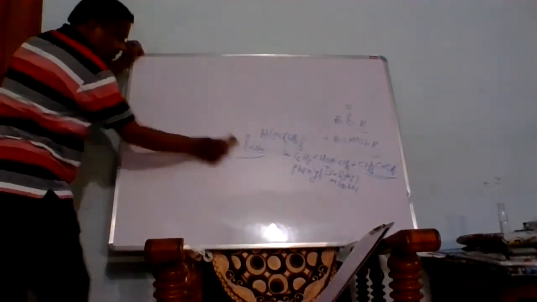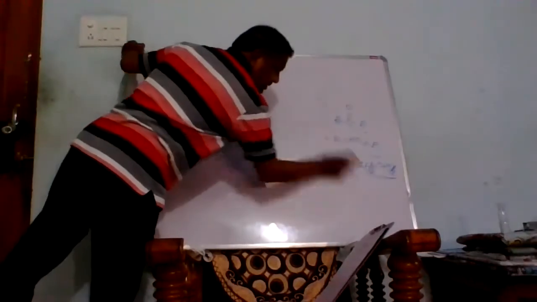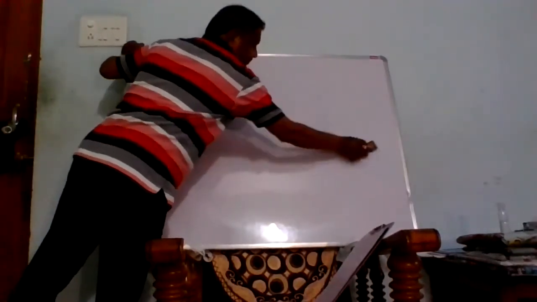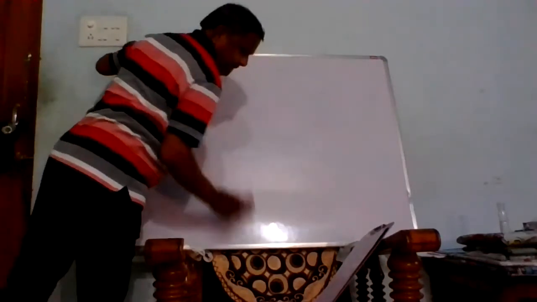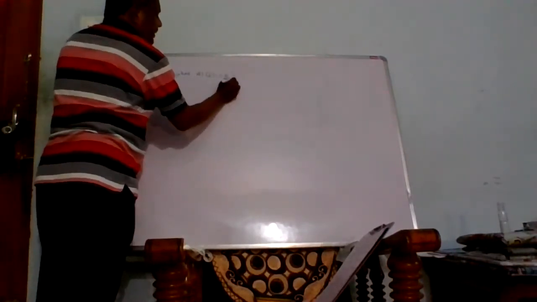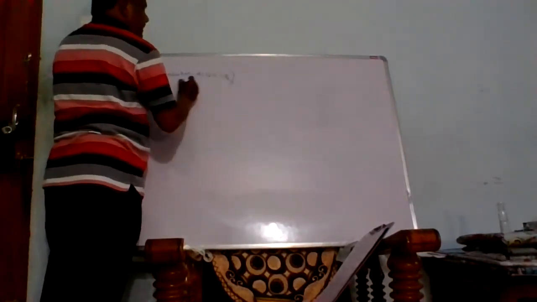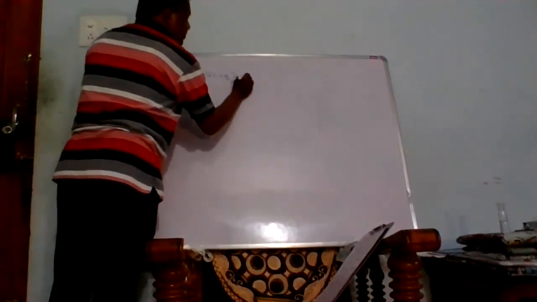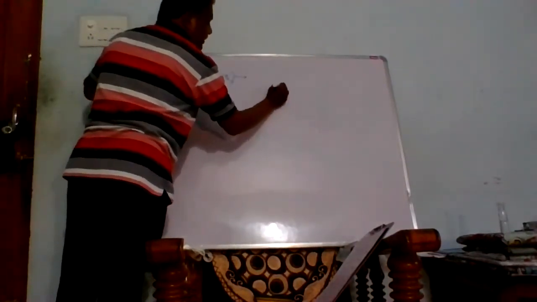First, the secondary alcohol reacts with aluminum tertiary butoxide, then it gives an intermediate product.